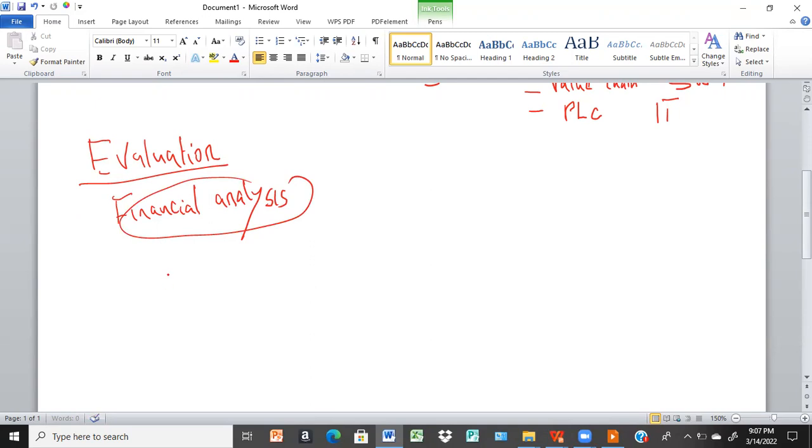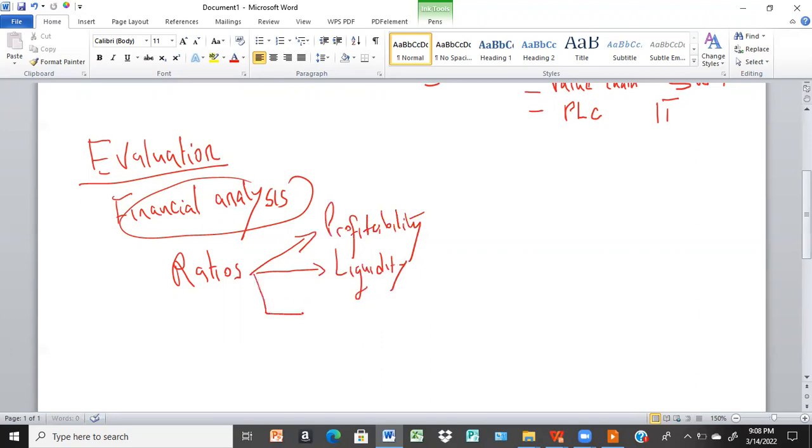This is where on this course we have some ratios: the ratios in terms of profitability, liquidity, financial risk, and investor ratios.